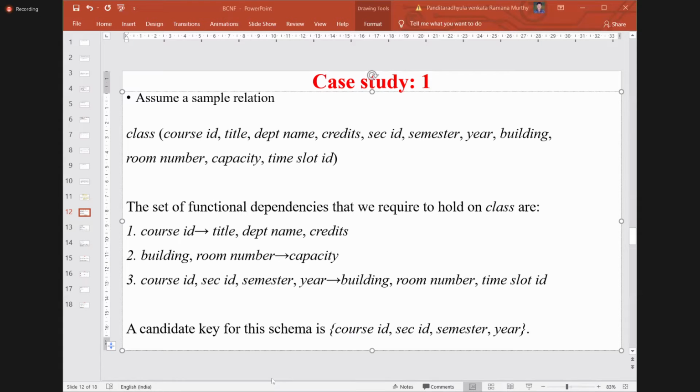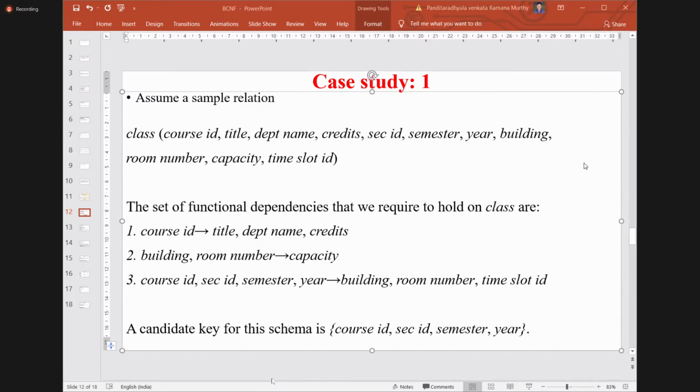If you identify any column that can be divided further, if it is a composite attribute or a multi-valued attribute, be careful, the multi-valued attributes and composite attributes need to be divided further. Fortunately, in the above class table, we do not have any composite attributes or multi-valued attributes. So the given table is in the first normal form.